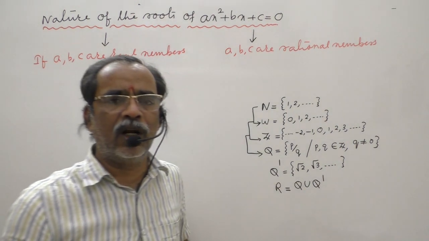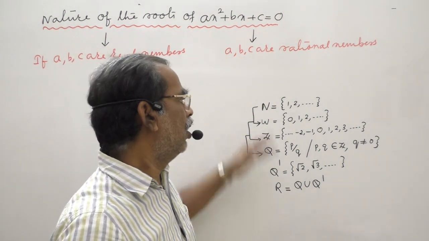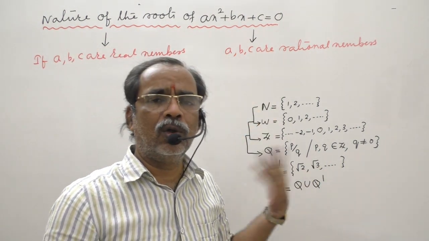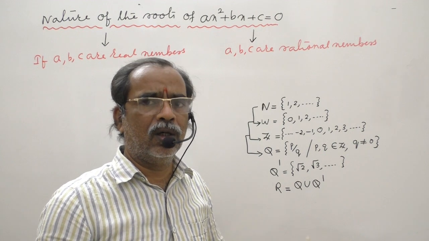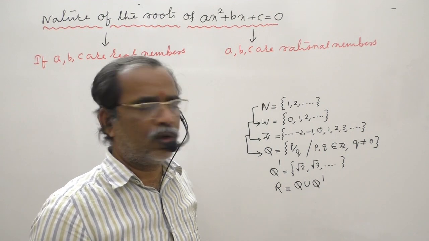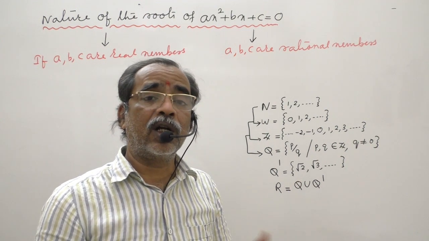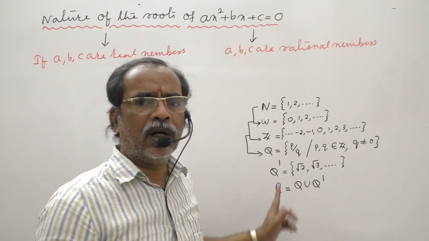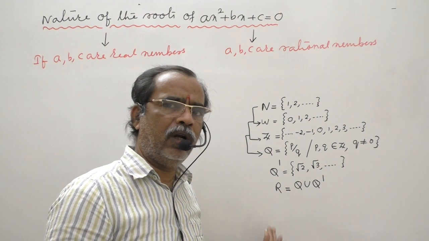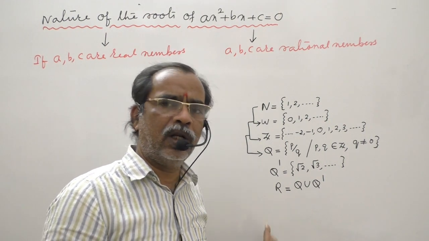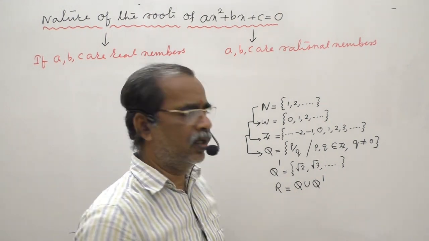So this is real numbers. Its superior set is the set of complex numbers. All the real numbers will be there in complex numbers. It is a subset of C, like that.